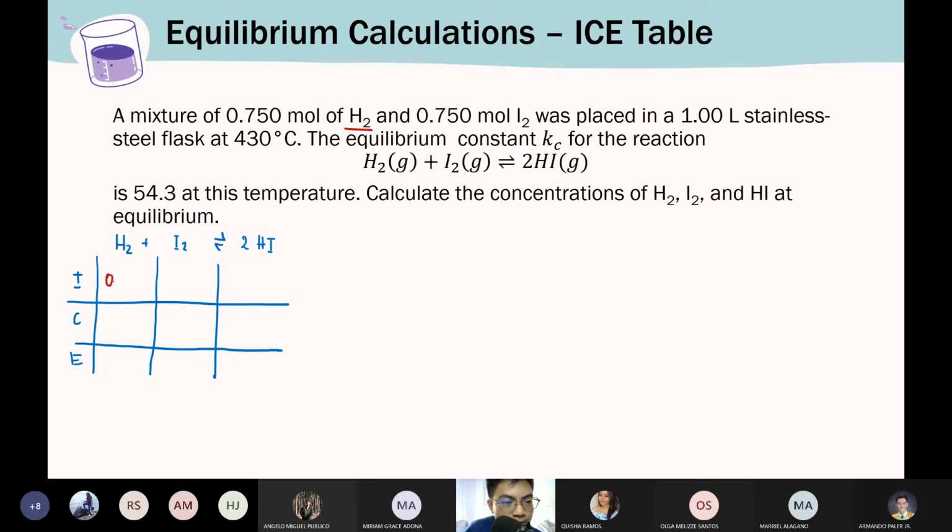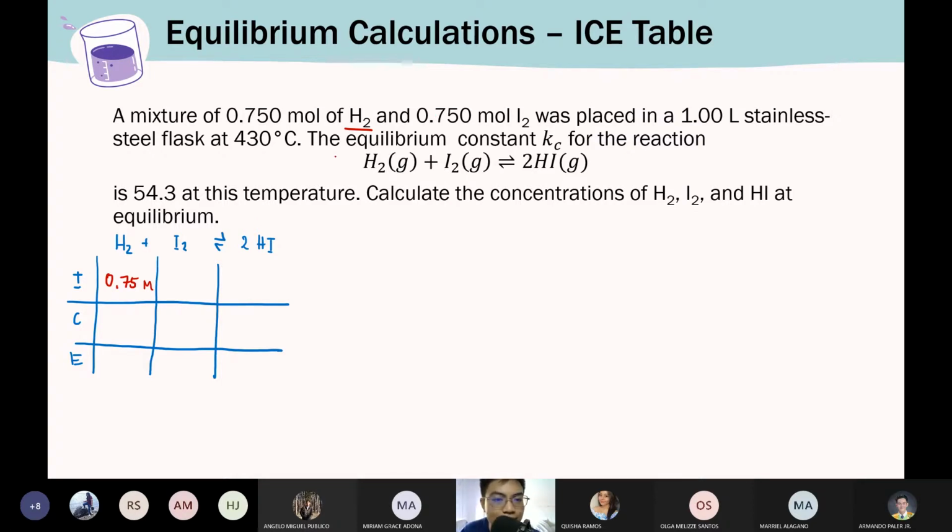Okay, so that is 0.75 molar. Bakit 0.75 na, sir? Kasi yung volume ng ating solution, yung volume ng container ay 1 liter lang naman. So 0.75 divided by 1, edi 0.75 na rin. Okay? So yun yung kanyang concentration, 0.75 molar.